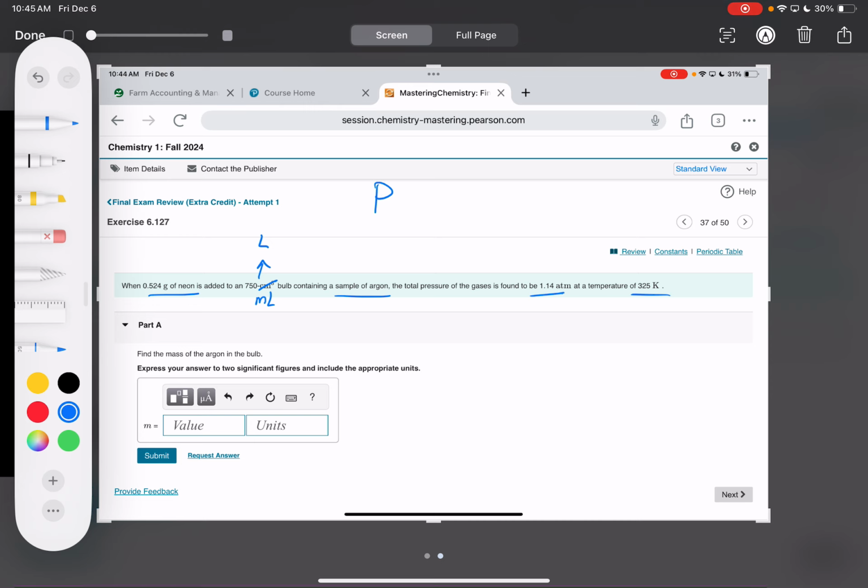So they're saying pressure of neon plus the pressure of argon is equal to 1.14 atmospheres. And we are looking for the mass of argon.